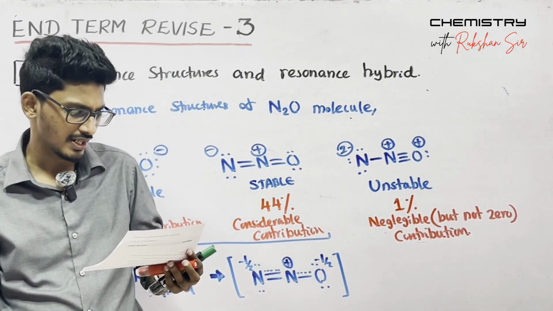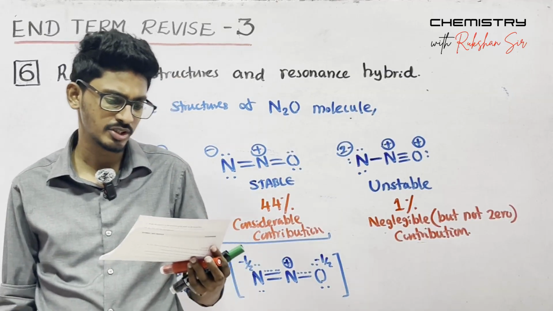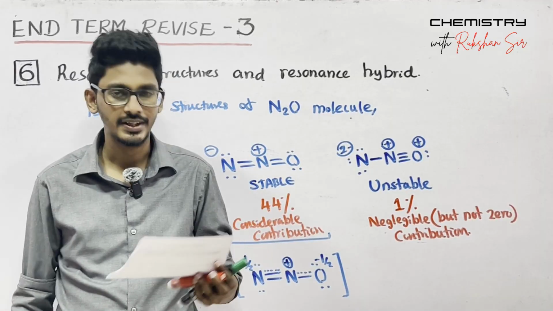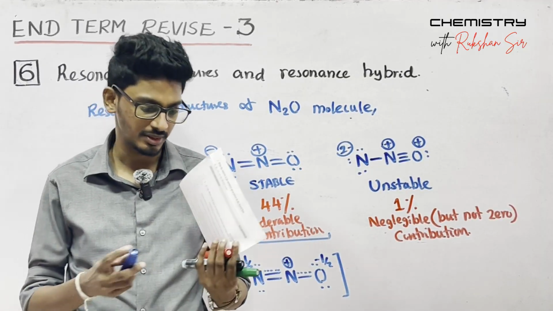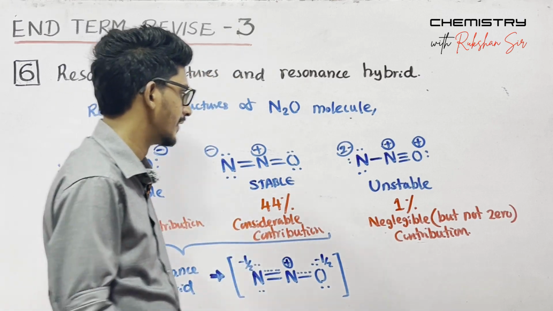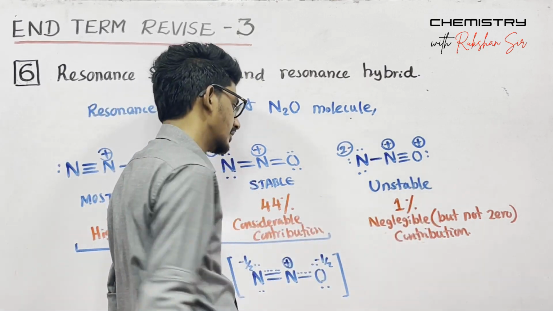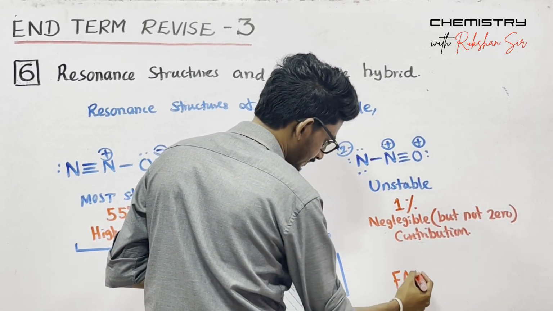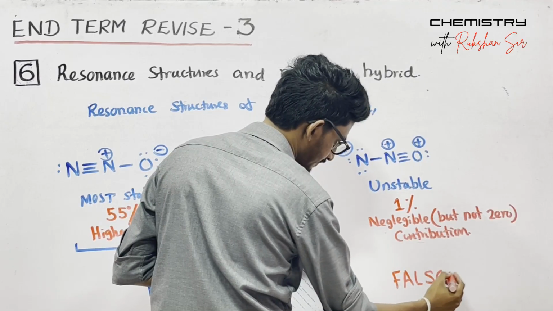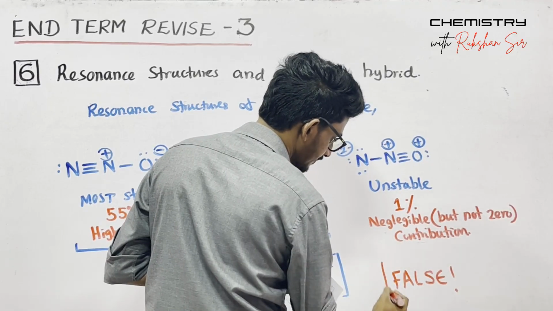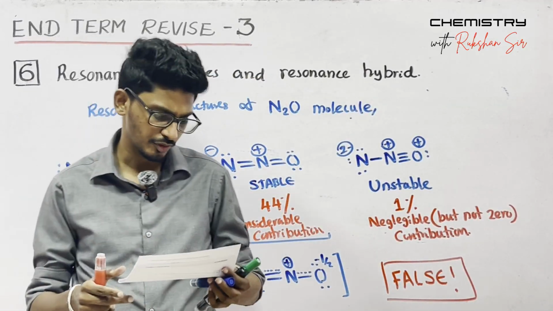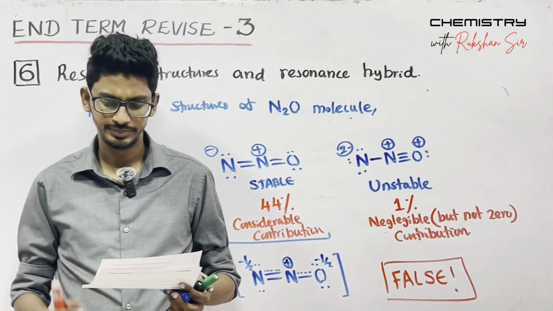So as the statement says, no contribution from the unstable and less stable resonance structures, the statement is false. Negligible but some contribution is there. So the statement is false. That is the review for statement number 6.